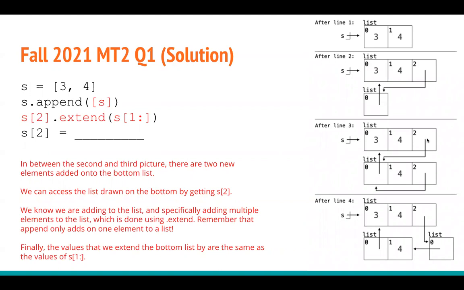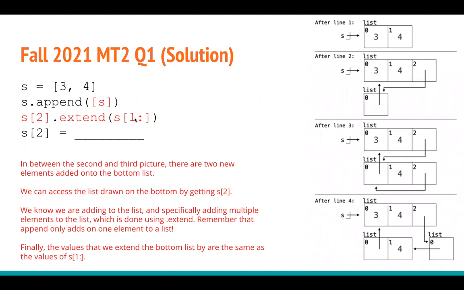One thing I will note is that another possible answer here is that, instead of slicing S, you could pass in a list containing 4 and then S index 2 again. Basically construct this yourself without using slicing. That's also acceptable. Oh, so you're saying you can also do bracket S index 1, S index 2.